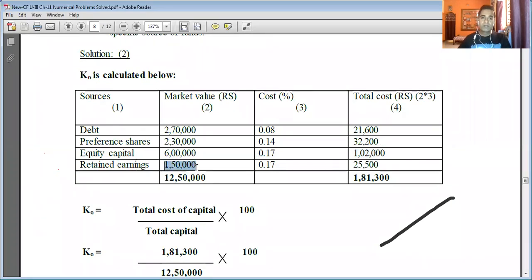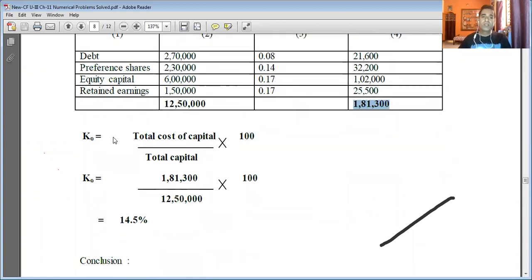Retained earnings 1,50,000 into 0.17 is 25,500. If I add all of these, the total cost of all the specific sources of funds is 1,81,300.